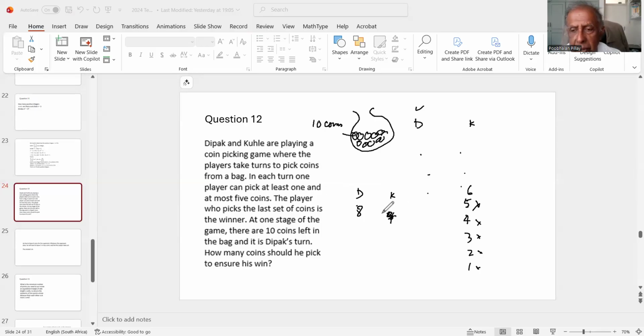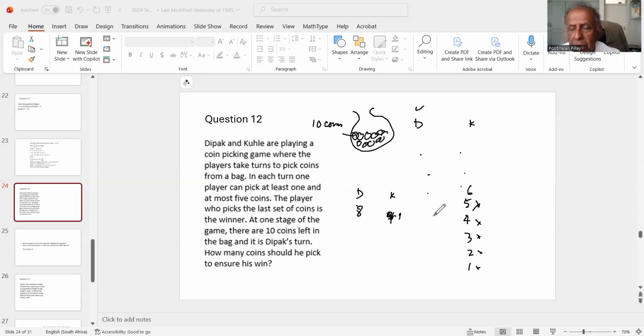So if Kushler takes 1 from here, then he will take 5 from there. So the thing is, you can't leave him with any one of these. So from the 10, he must take at most 4.